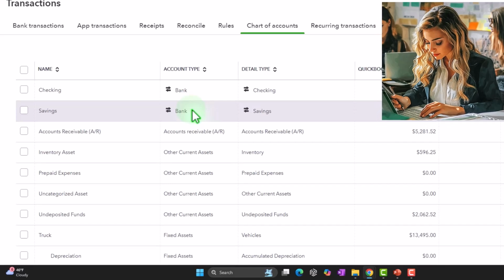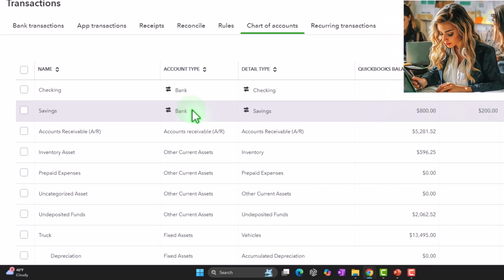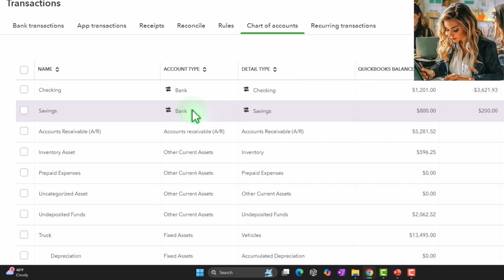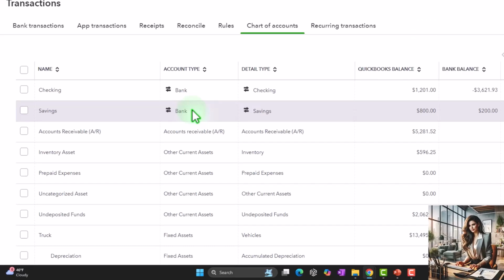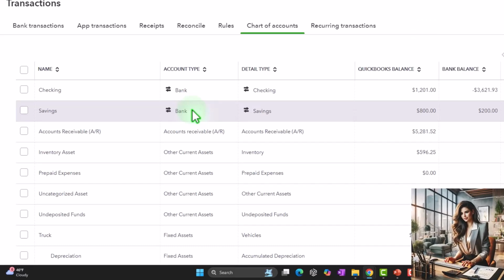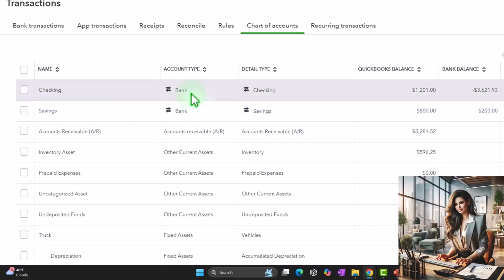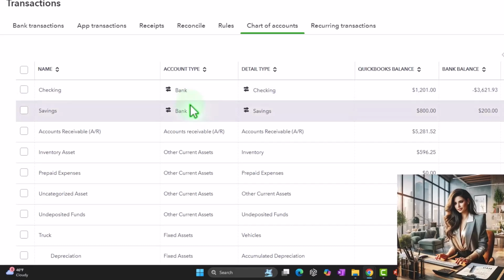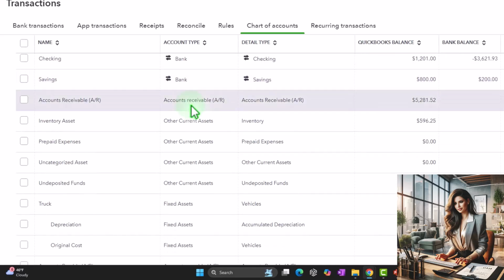The account type can be thought of as assets, liabilities, equity, income, and expense, balance sheet on top of the income statement, but further broken down into the bank account, which has a specialty component because the bank account could be connected to the bank feeds, and therefore QuickBooks needs to identify it differently in order to give it that functionality. Accounts receivable is a current asset, but it has a specialty component because it needs to tie out to the subledger related to who owes us money, the customers.